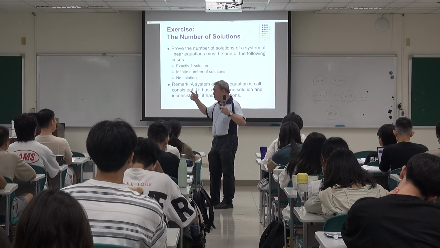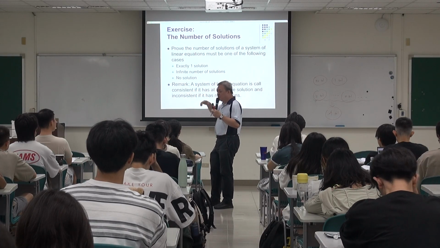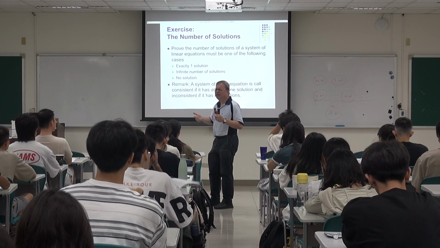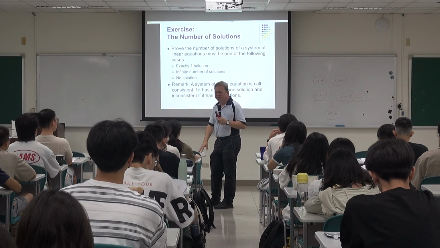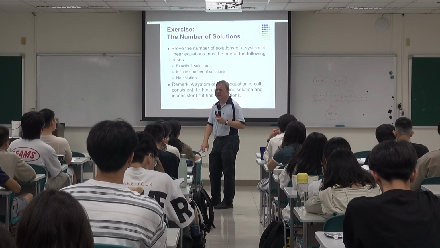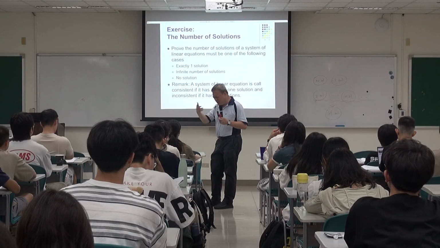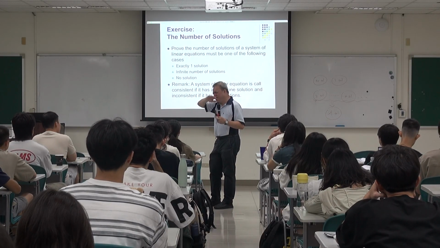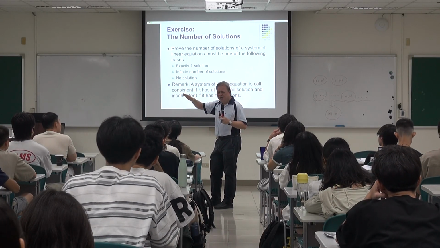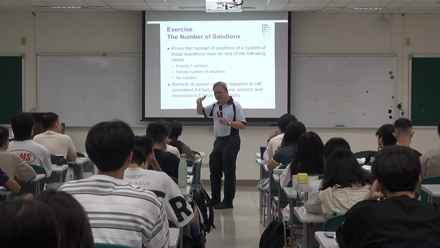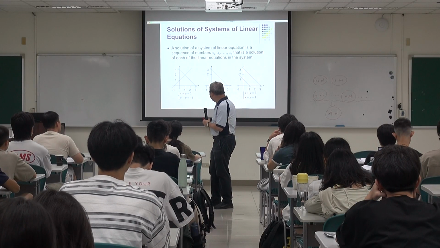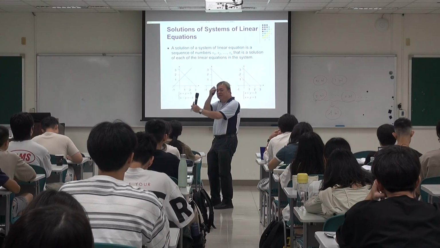Each linear equation represents a certain shape. Actually, it's a hyperplane, but let's forget about that. Let's just imagine it's a shape in an n-dimensional space, and the solution, as you have seen in the previous slide, is like the intersection, right?